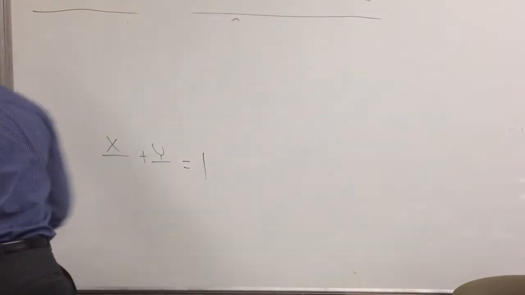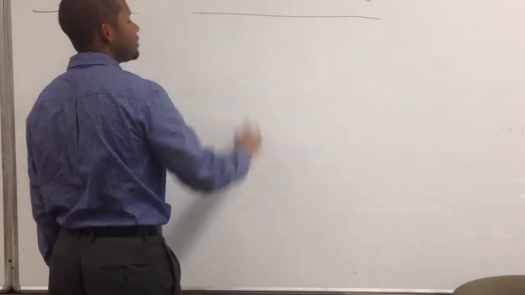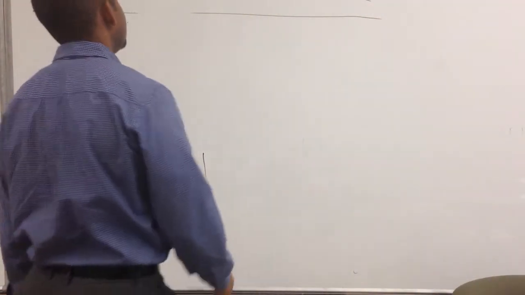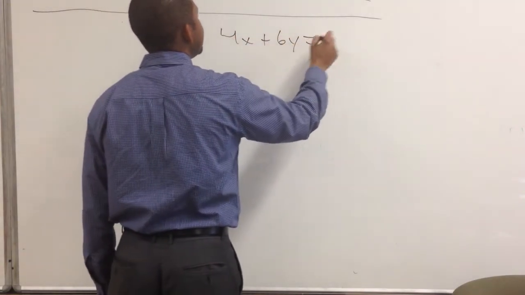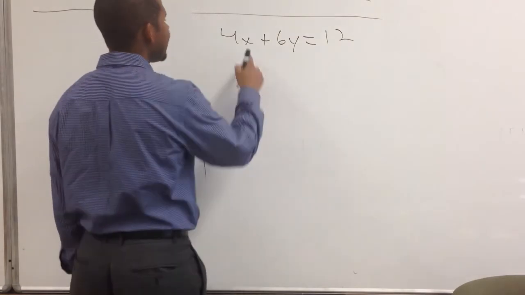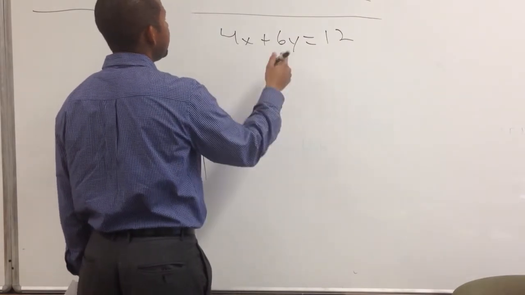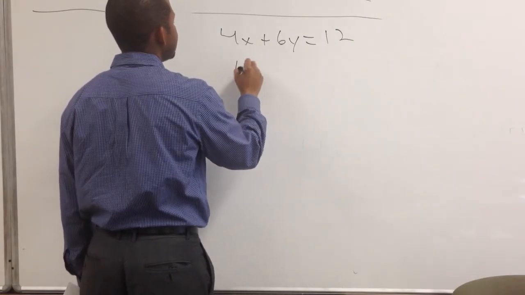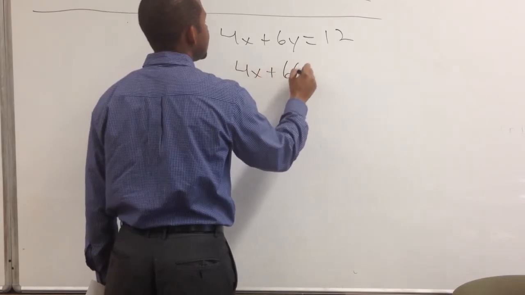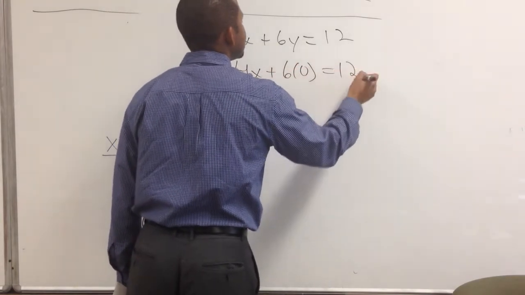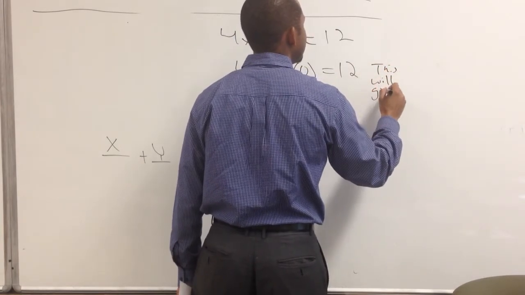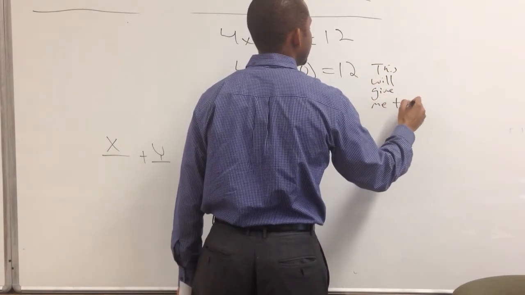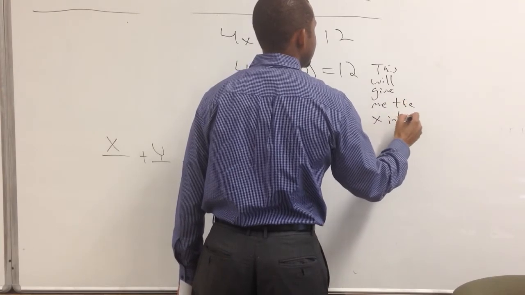So I'm thinking, well, to find the x-intercept, what was it, 4x plus 6y equals 12. To find the x-intercept, I plug in 4x plus 6 times 0 equals 12. This will give me the x-intercept.